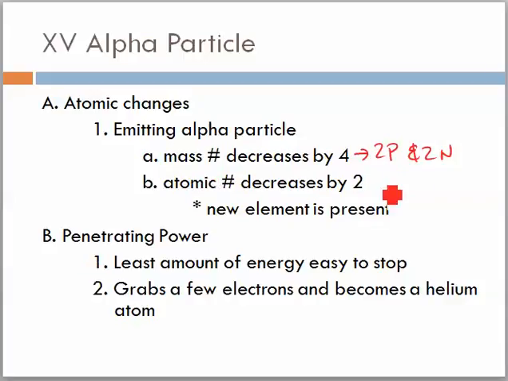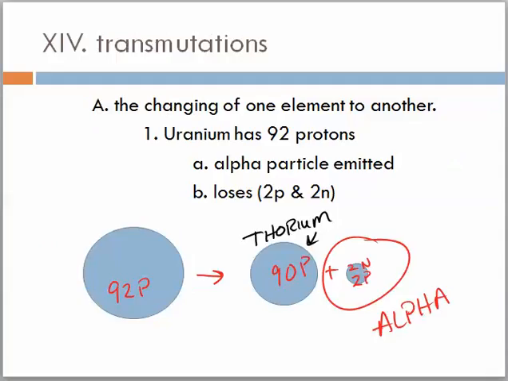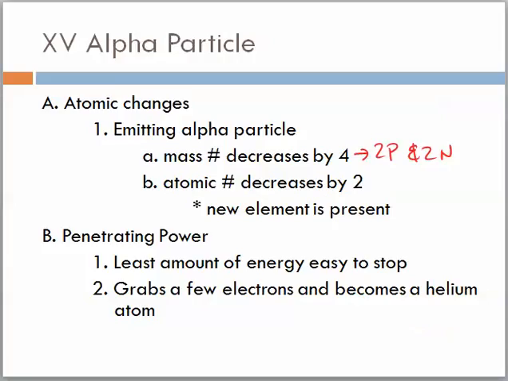The atomic number decreases because we lost 2 protons, and we have this new element that's present. And that's exactly what happened up here when the uranium became thorium. We emitted an alpha particle, the atomic number went down 2, and the mass number went down 4, as we've shown in our examples.